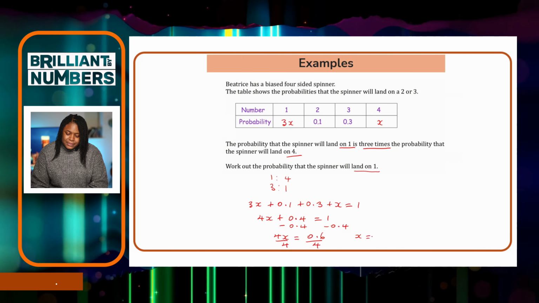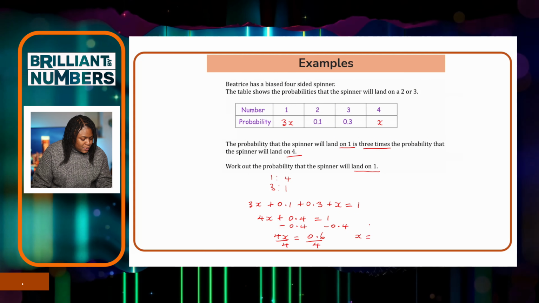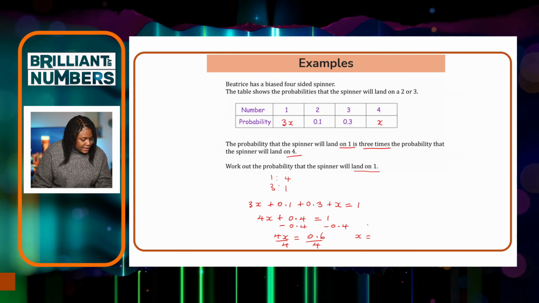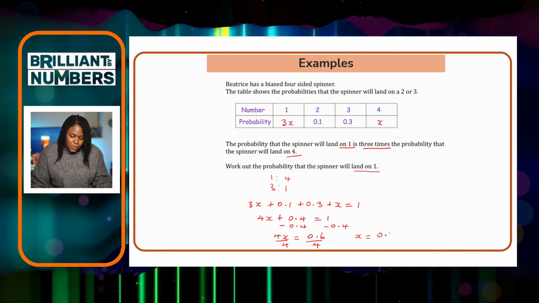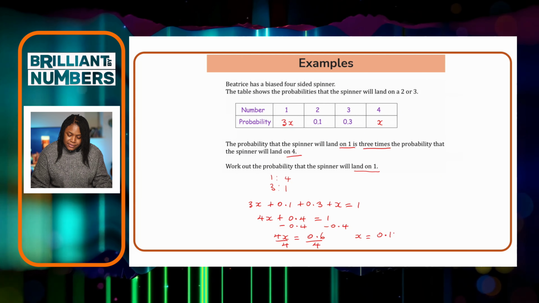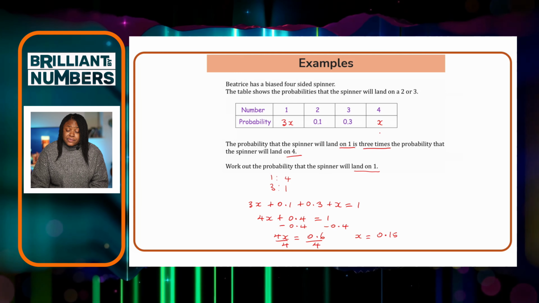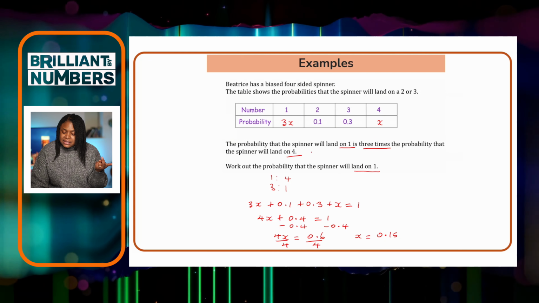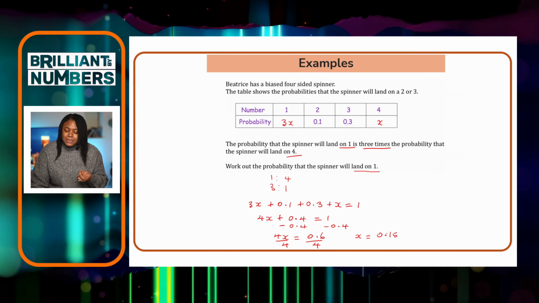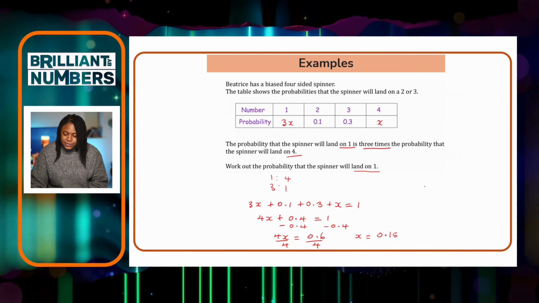So I'm just going to quickly put that in my calculator. 0.6 divided by 4 is equal to 0.15. So remember, that's just for 4. But we're told that 1 is 3 times greater than that. So I now need to multiply 0.15 by 3.